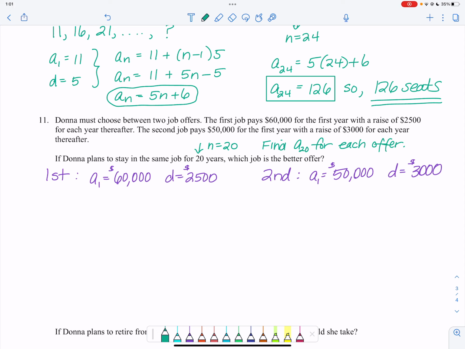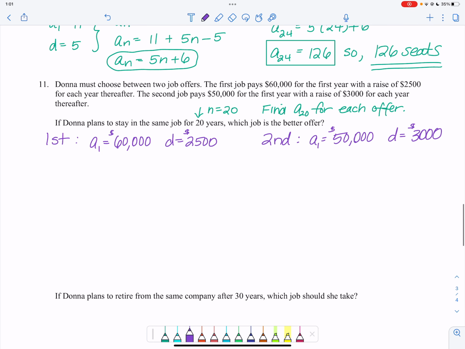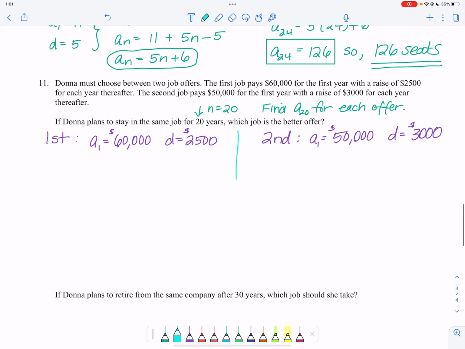Okay, so in the first, and I'll just put a little line between these so we know we're working two different scenarios, we have a sub n is equal to a sub 1 plus n minus 1 times our d.